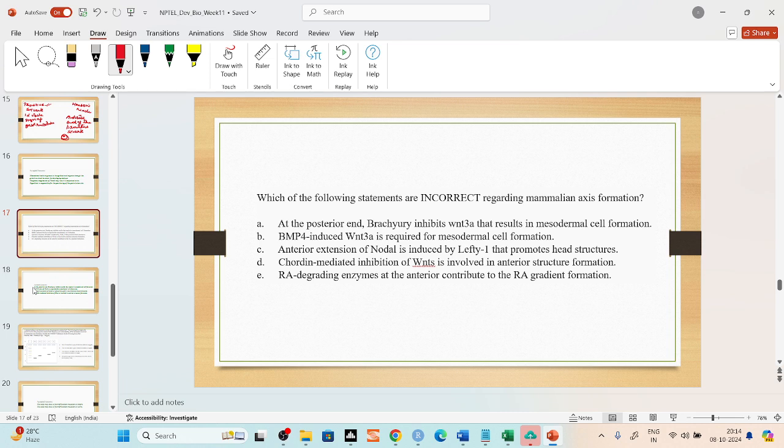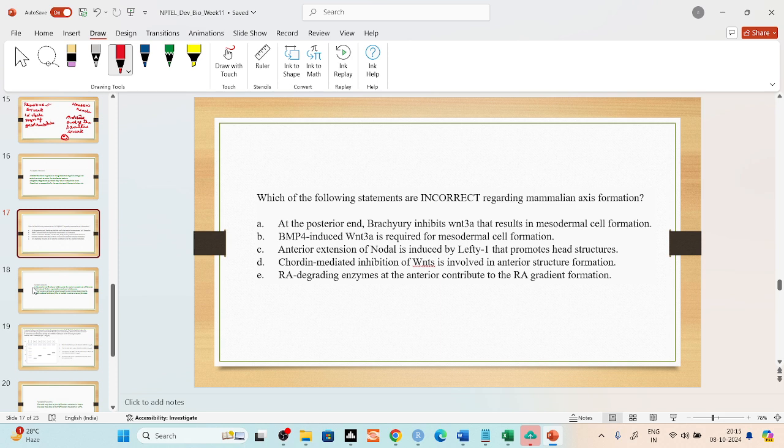Now we'll try to analyze each and every statement. The first one is, at the posterior end, brachyury inhibits Wnt3A that results in mesodermal cell formation. So what is brachyury? Basically, it is a transcription factor which is needed for posterior mesodermal formation and notochord development also. So will this statement be right or wrong? Here the statement says that it inhibits Wnt3A that results in mesodermal cell formation.